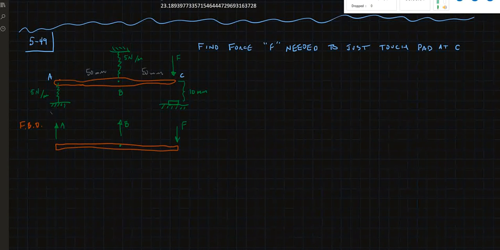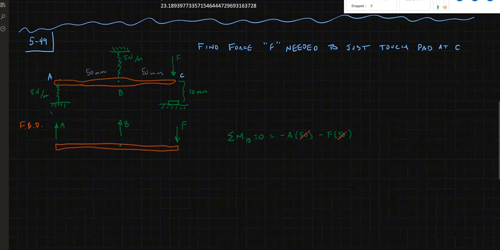Okay, so if I sum moments about B, this equals 0, I end up with minus A times 50 millimeters minus F times 50 millimeters. So these cancel.